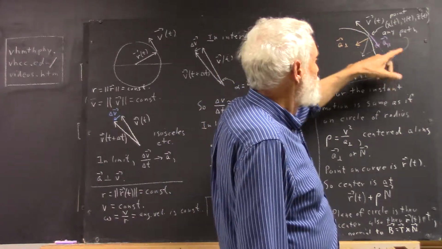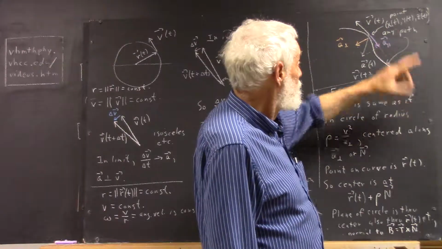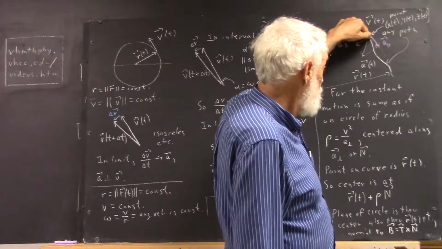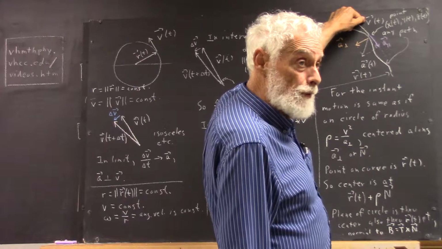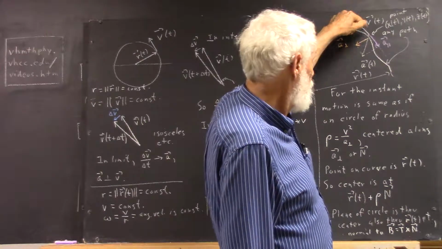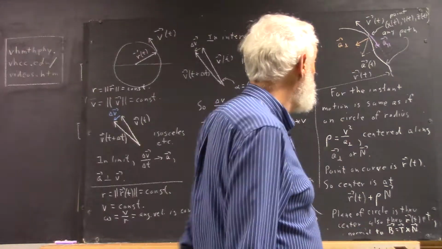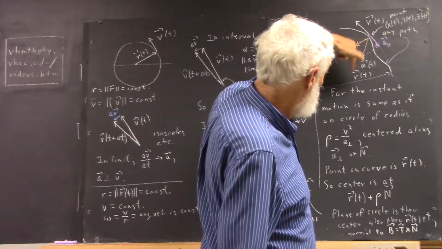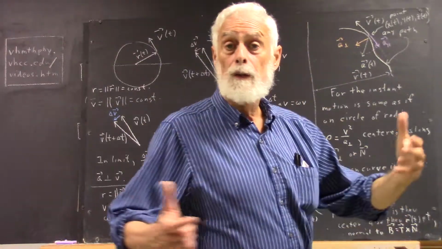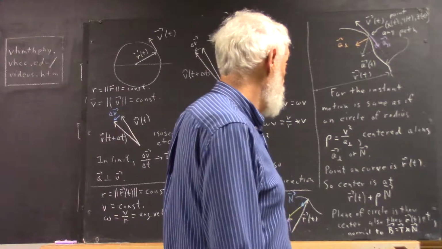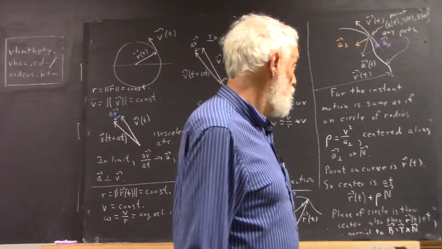Okay, so at some time t, you've got this point on the curve. You've got the velocity vector v of t, obtained by taking the derivative of the r of t vector. And you have your acceleration vector that you get by taking the second derivative of your r of t vector, or the derivative of your v of t vector.